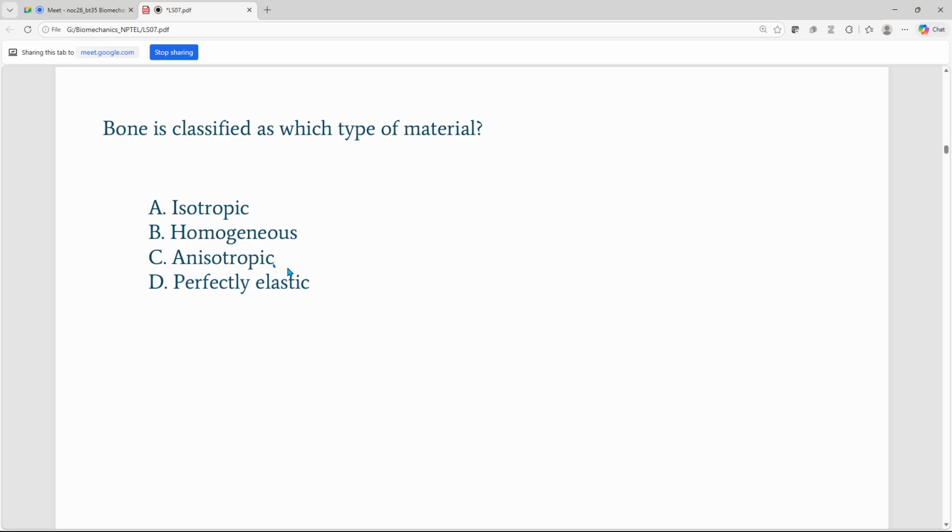Yes, the answer is option C, anisotropic. Bone is classified as anisotropic material.